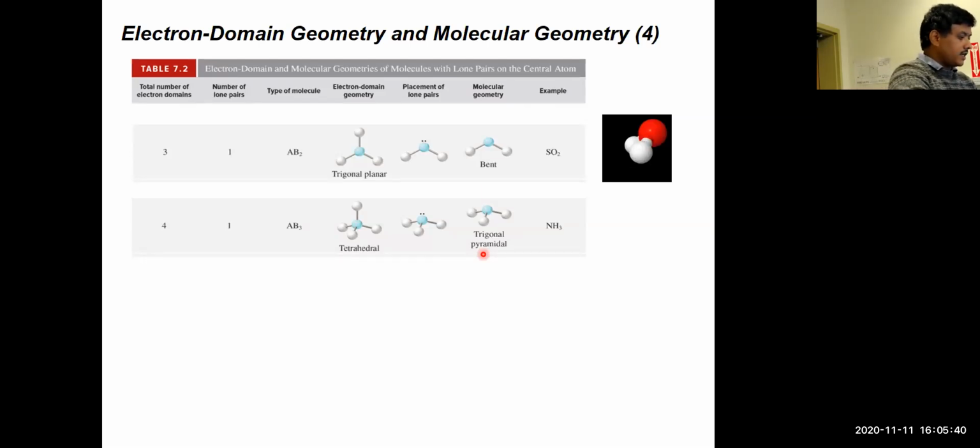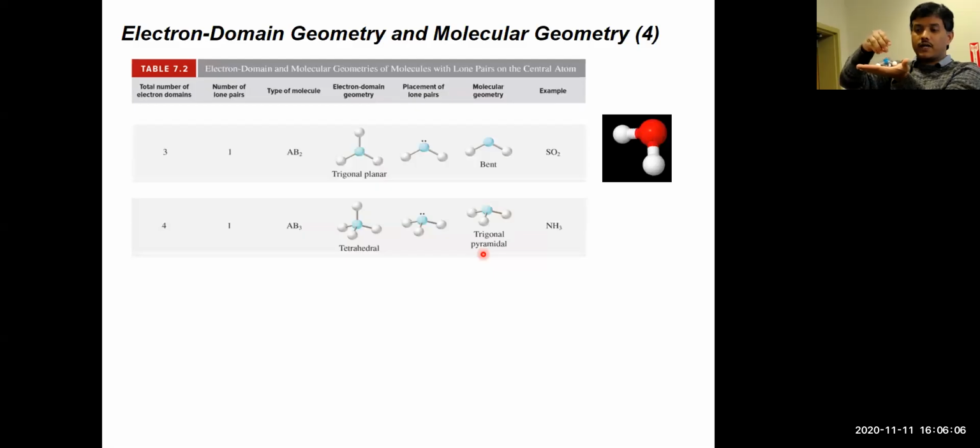Because it's not getting any shape, you do not count it to identify the molecular geometry. So it is trigonal pyramidal like this. See, it's not flat here. I can still go underneath it because it's not planar.